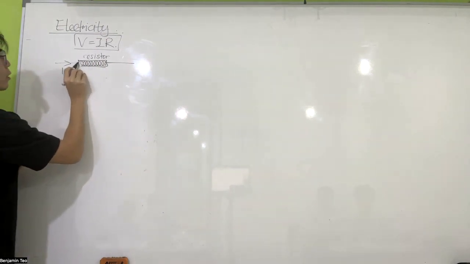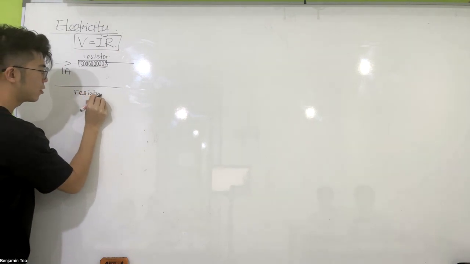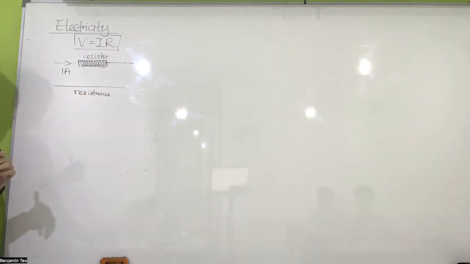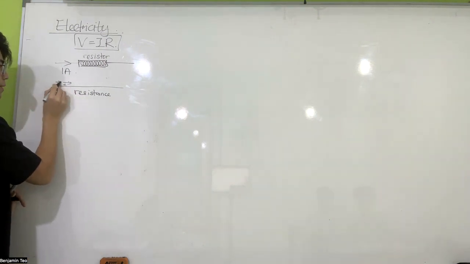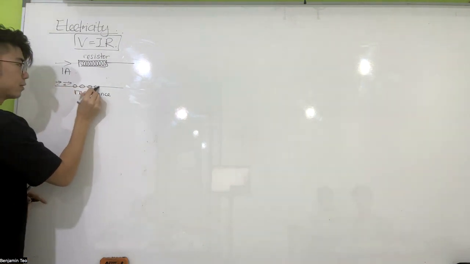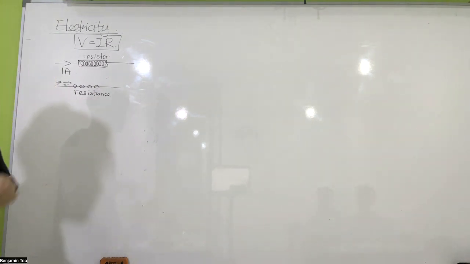The thing is that a wire carries resistance, something that slows down the current. Think of it like an obstacle. When the electron tries to flow, it's going to run into obstacles. That's going to slow it down and decrease the current. Resistance is something that decreases the current.